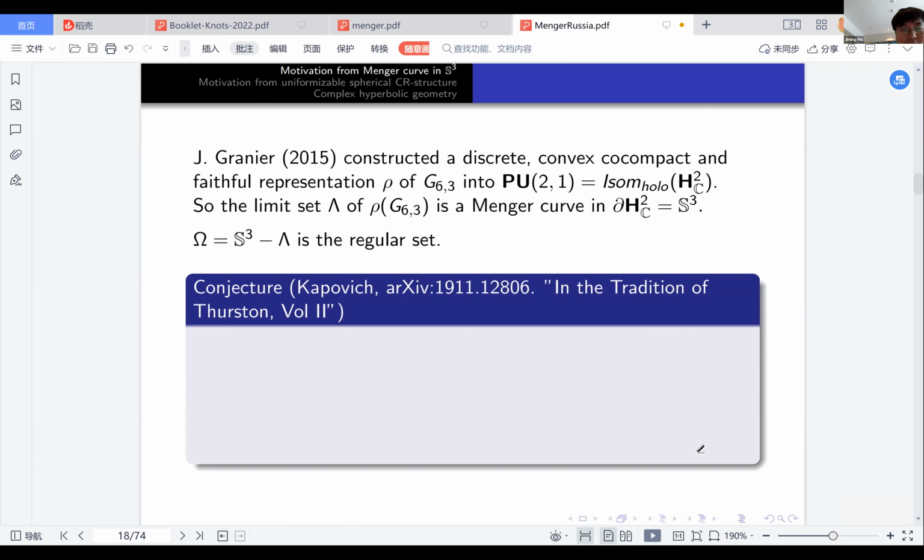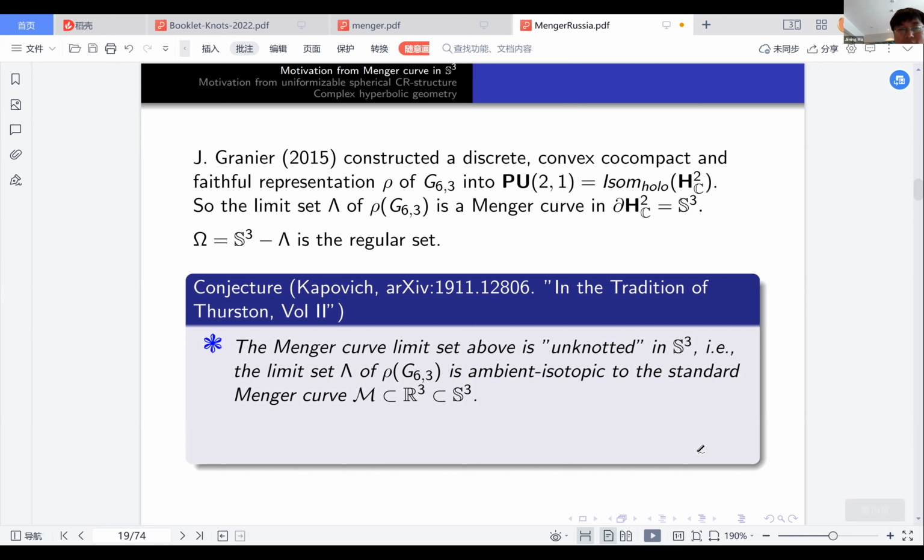And the Menger curve limit set here is isotopic to the standard Menger curve, right? In the 3-space or in the 3-sphere. In other words, Misha Kapovich conjectured the Menger curve limit set above is unknotted in the 3-sphere.